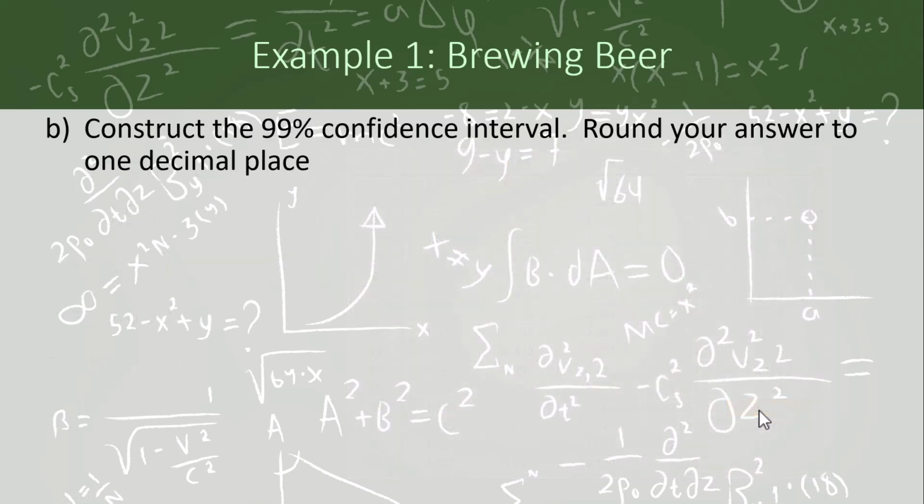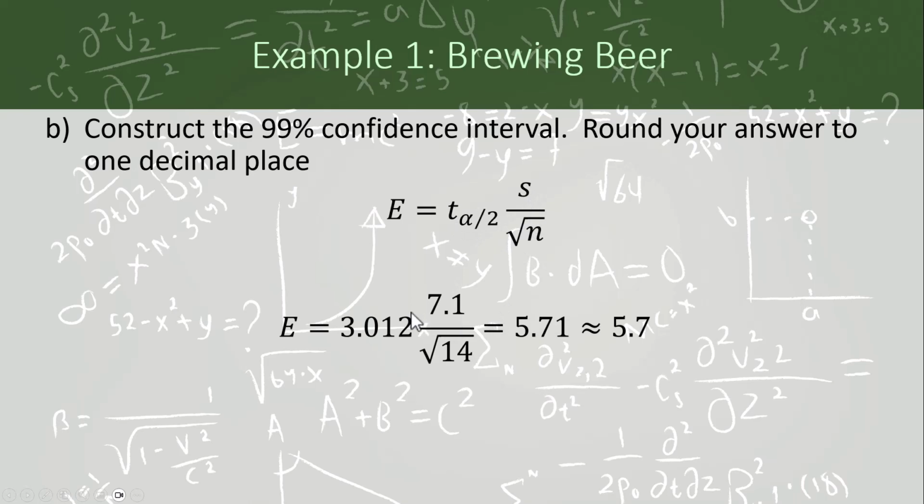Now, part B is to go ahead and construct that confidence interval. Of course, since we're using the t distribution, we're going to be using this formula here. It's pretty much the same formula, except that instead of having z, we have t, and instead of having sigma, we have s. Our critical value from part A is 3.012. Our sample standard deviation happens to be 7.1, with 14 samples. This gives me 5.71.